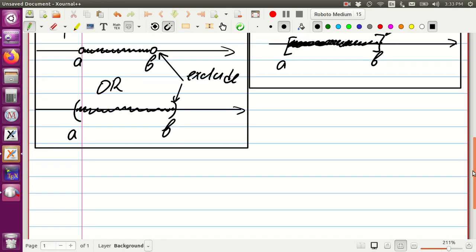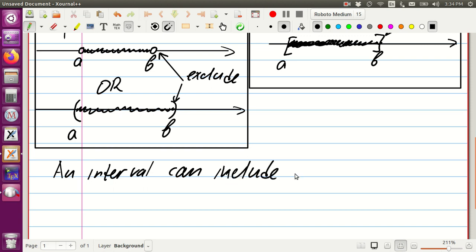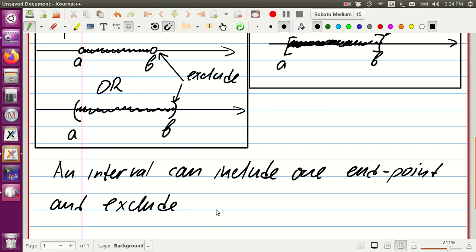What else could happen? You may want to include the left endpoint and exclude the right one, or vice versa. So basically, an interval can include one endpoint and exclude one endpoint.